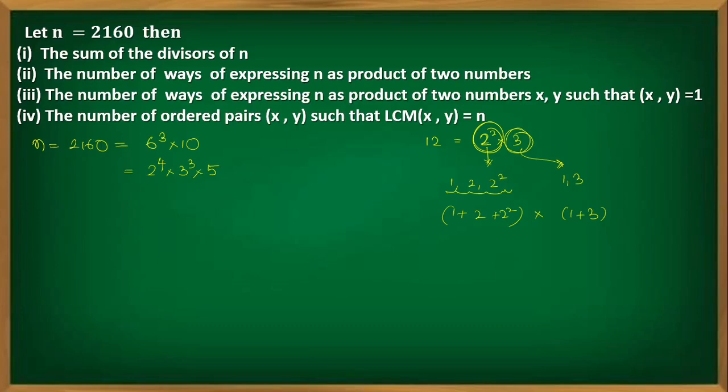What will happen, you see now, whenever you do like this, what is the meaning of this? You are adding 1 into 1, 1 into 3, 2 into 1, 2 into 3, 2 square into 1, and 2 square into 3.